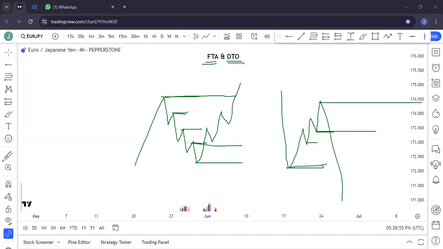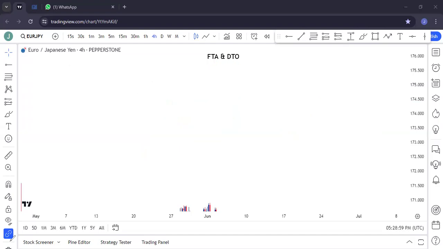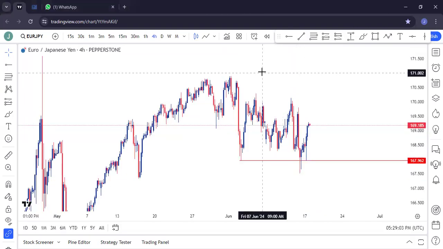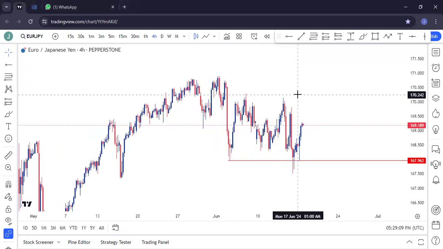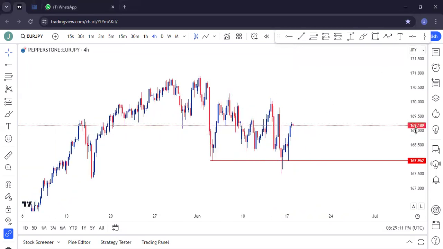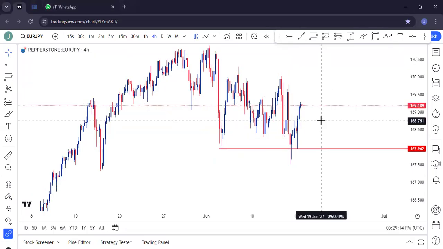Okay, so let's dive in some few examples, so you can understand more about this FTA issue. So, for example, look here. This is very, very important.